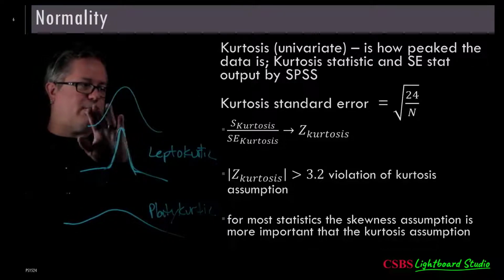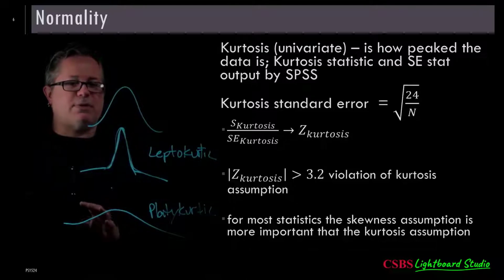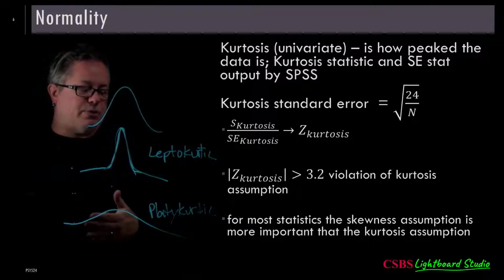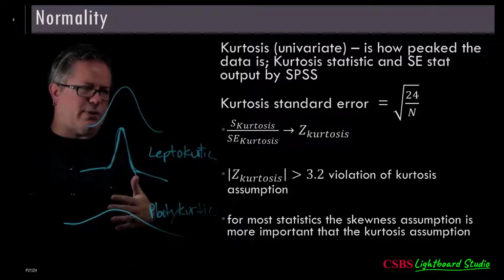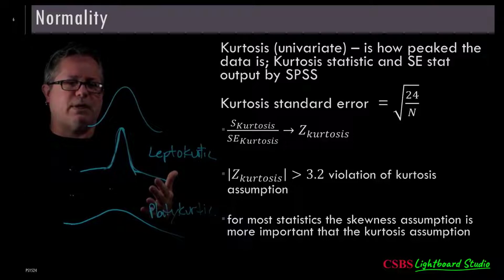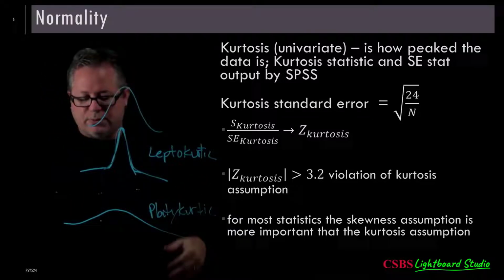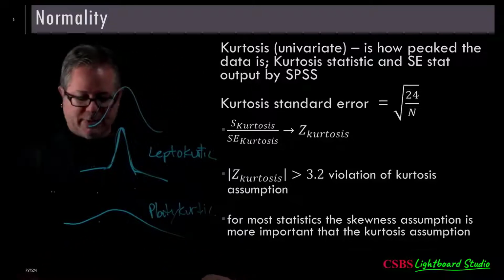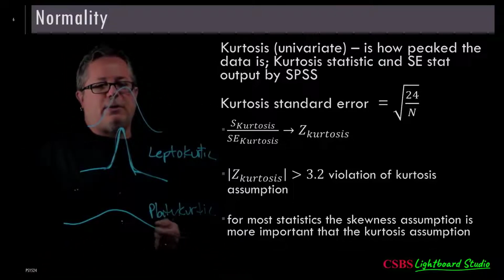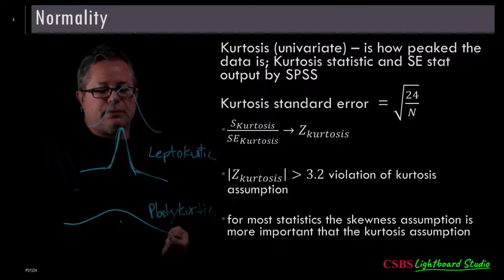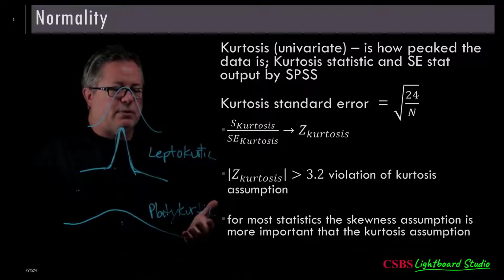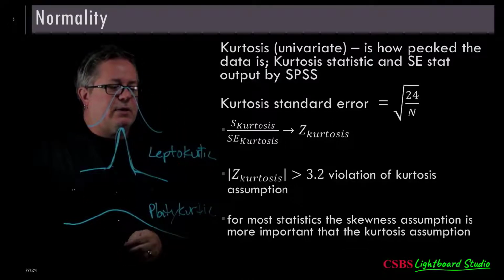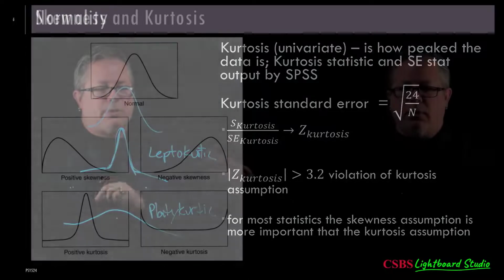You want it right in the middle. And again, most of this doesn't matter if you have enough people. Once you get into the 20, 30, 40 people per sample, most of this isn't going to matter because you'll have a normally distributed sampling distribution, and that circumvents a lot of these distributional problems.